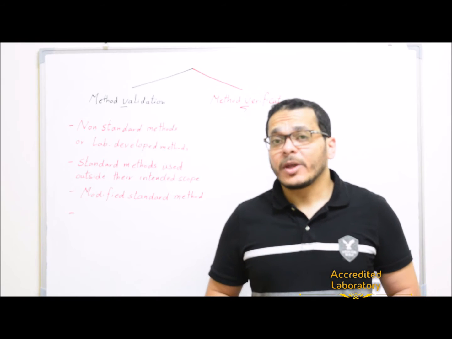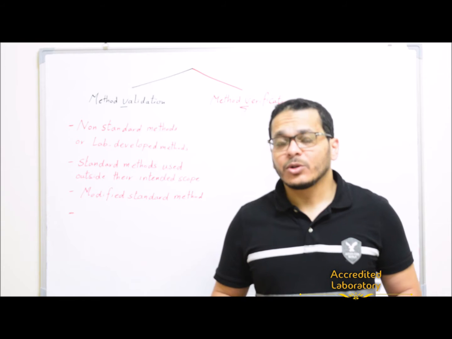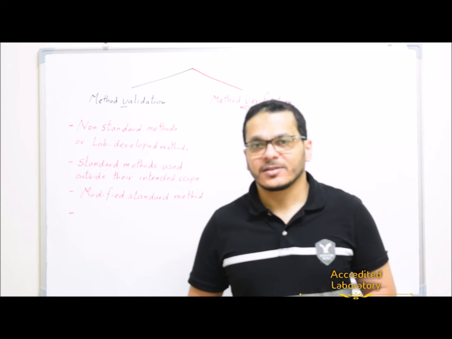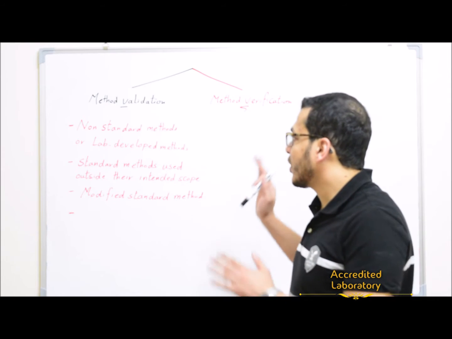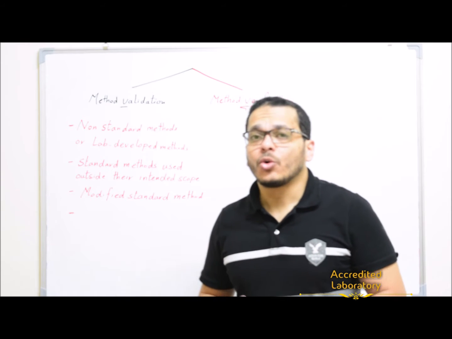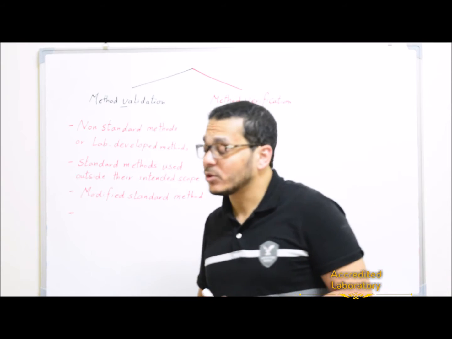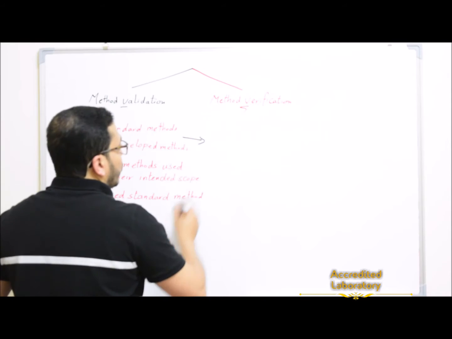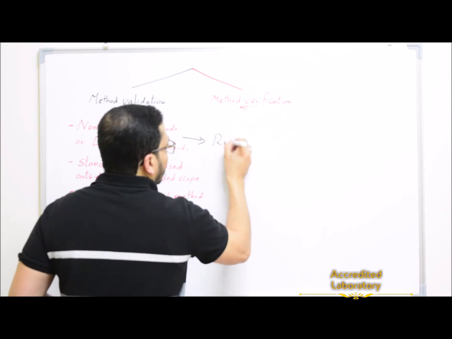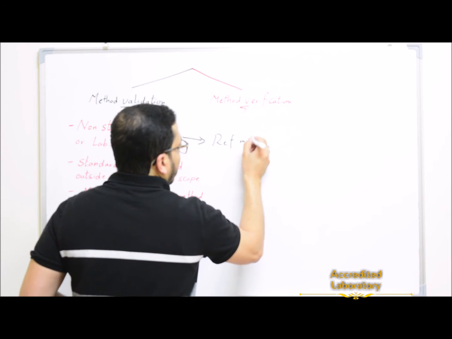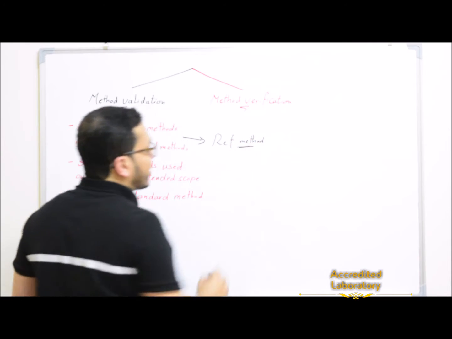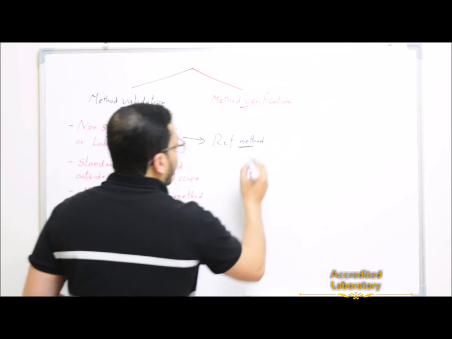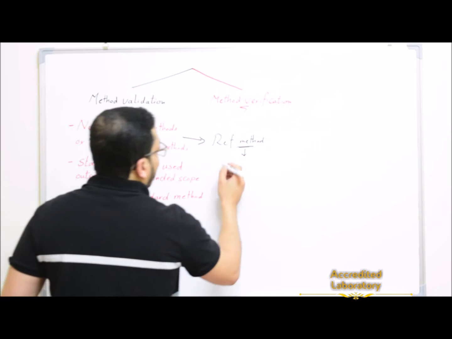When is it required to make validation for your methods and when can only verification be applied? Validation is for non-standard methods, lab-developed methods or in-house methods. In this case, you will search. If you didn't find a reference method to analyze your target analytes, you will go for another step, an in-house method.